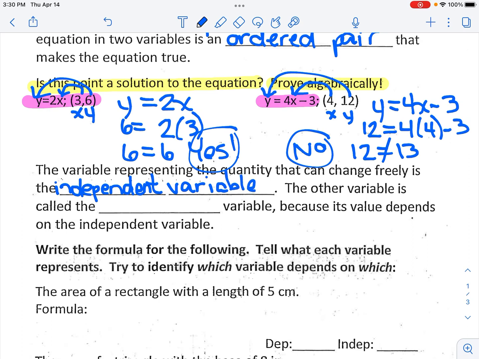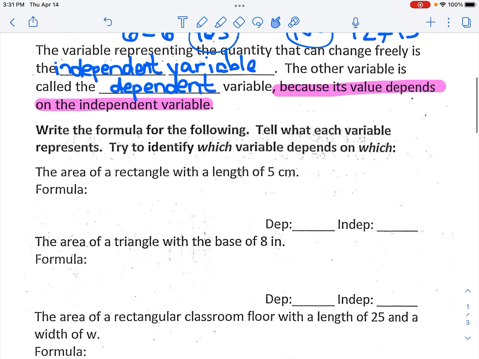The other variable is called the dependent variable, because its value depends on the independent variable. So the independent one is the one that can change. The dependent depends on the independent. Sounds a little confusing, but we're going to do some practice.